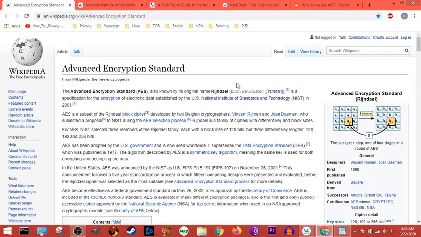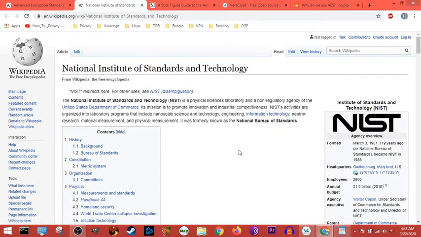So how did AES come to exist, and how did it come to be the most widely used, widely adopted, and widely tested encryption algorithm in the world? The story goes that the National Institute of Standards and Technology opened up a big competition.